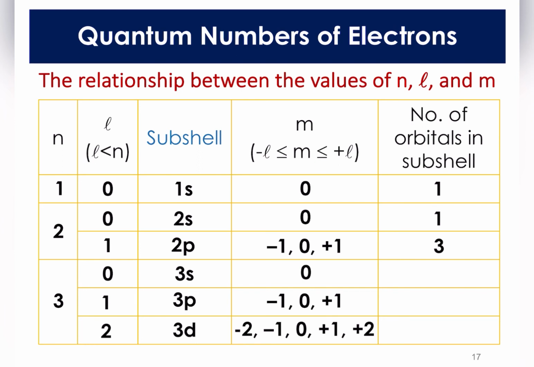Now, your number of orbitals in the subshell depends on the value for m. Here, 1 value, so 1 orbital. And here, for P, you got 3 values, so 3 orbitals. And here you got 5 values, it means 5 orbitals. So that's how you relate between n, L and m.